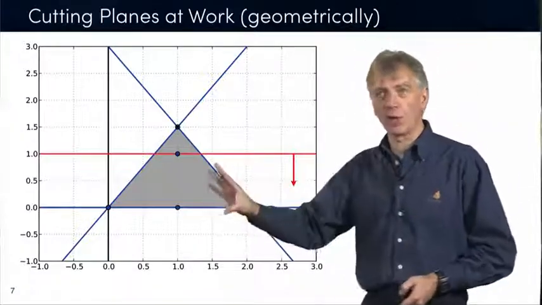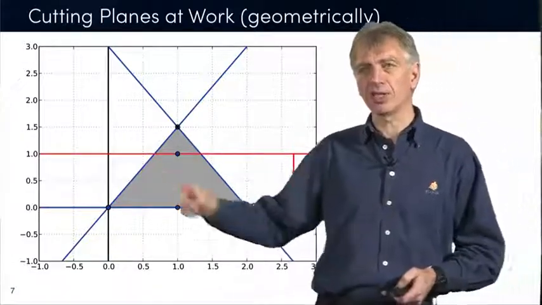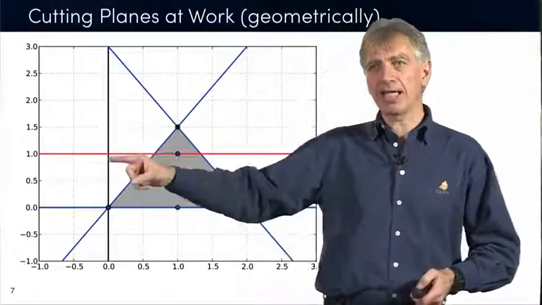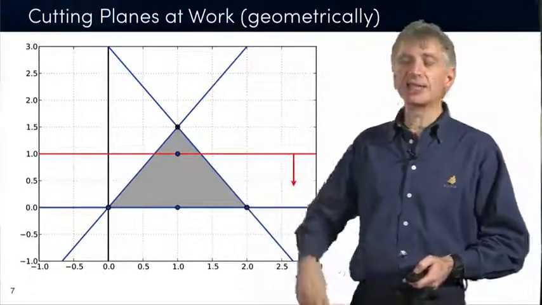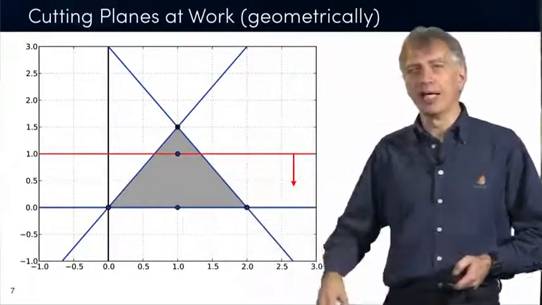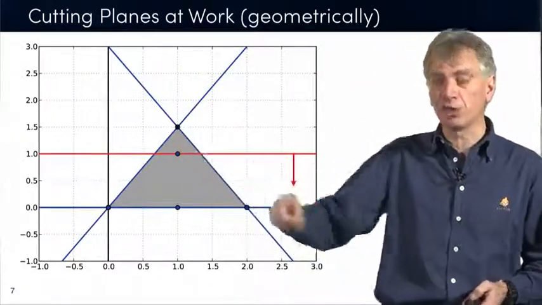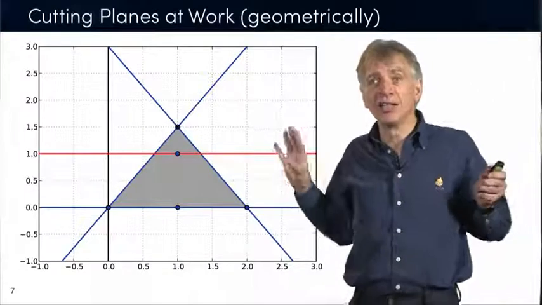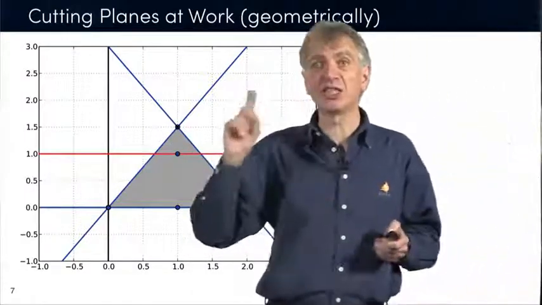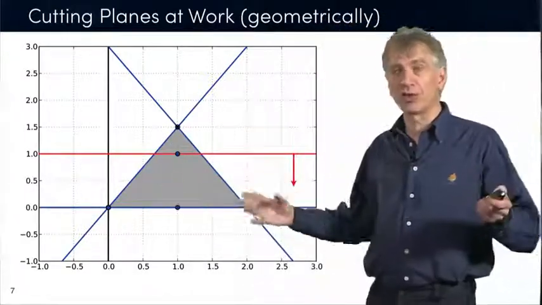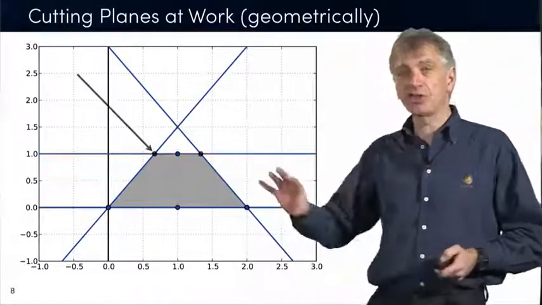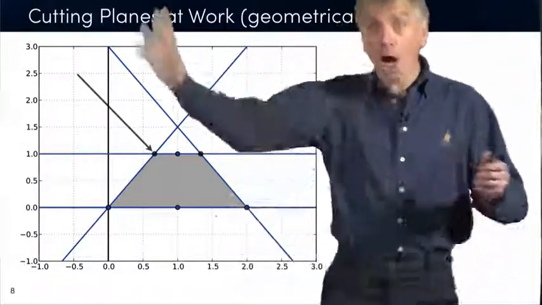This is one of the cuts that we will generate. This cut says that x2 is smaller or equal to 1. It cuts this big part on the top of the linear relaxation, and it can do that because we are not removing any integer solution. Then we get this smaller polytope, and we can re-optimize over it.